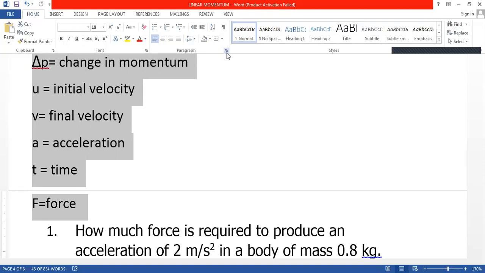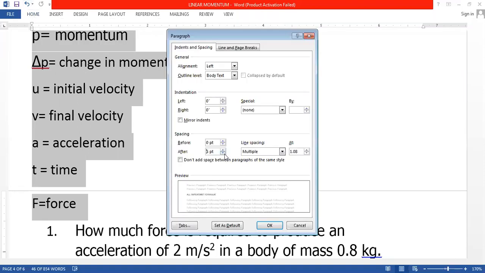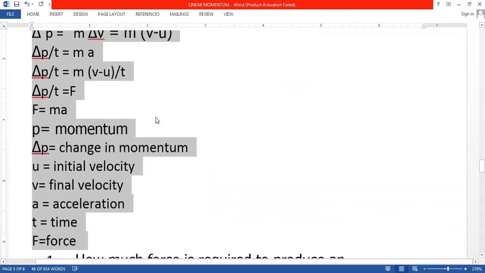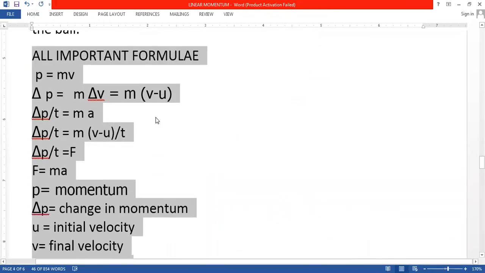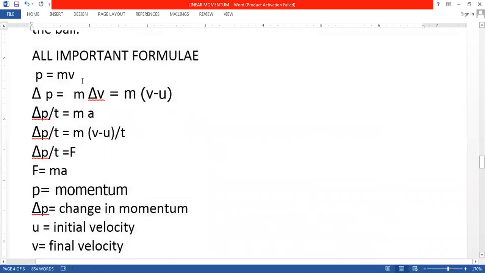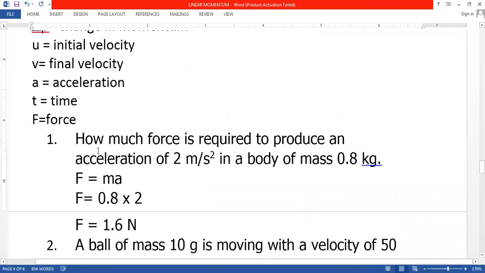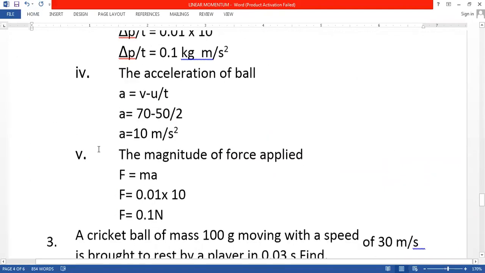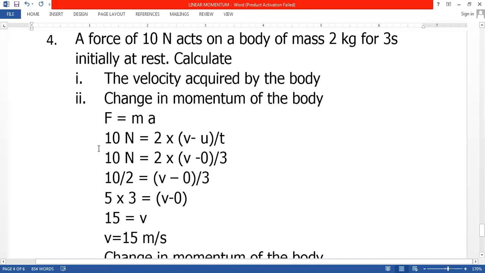They will definitely come. ये न्यूमेरिकल बेटा. P is equal to mv, delta P is equal to m delta v, which is equal to m v minus u. वही फॉर्मूला कर रहे हैं ना बेटा हम. So these are all our important formulas, and then accordingly you have to solve it. Clear, class? Yes, sir. Okay.